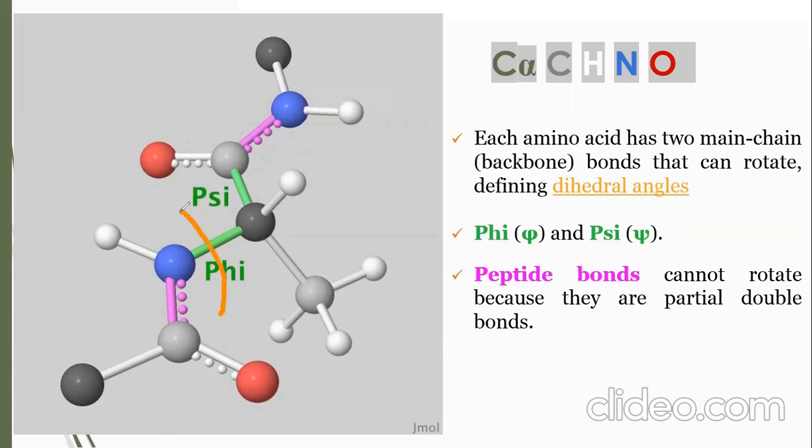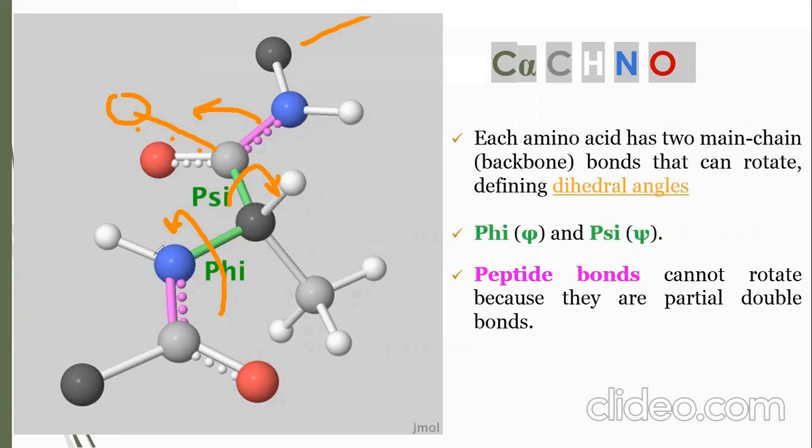So this angle can rotate, and this can rotate. If this bond rotates, this whole structure, if that is a polypeptide, can move from there to there, changing the whole protein conformation.